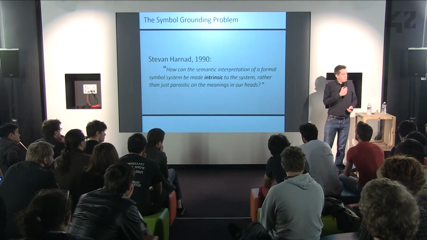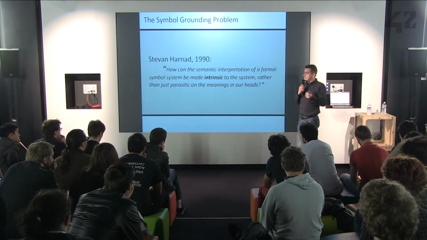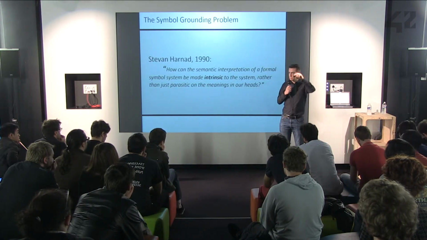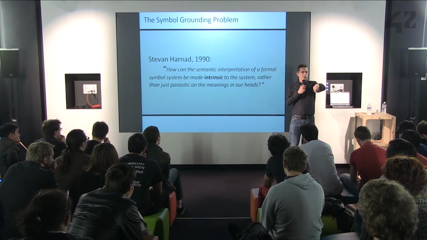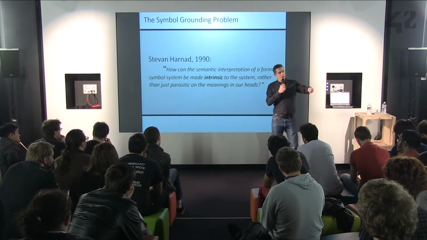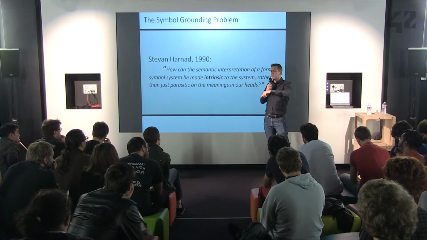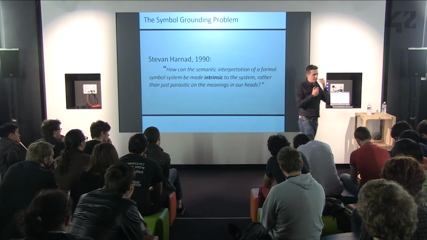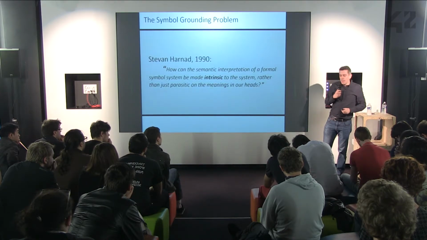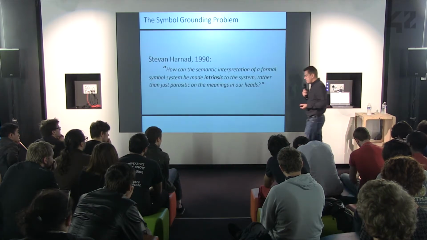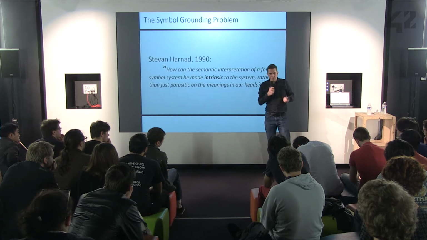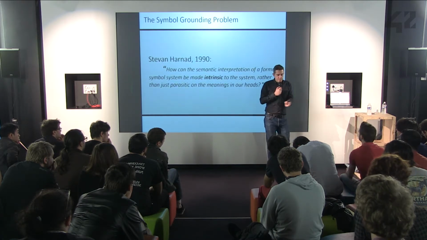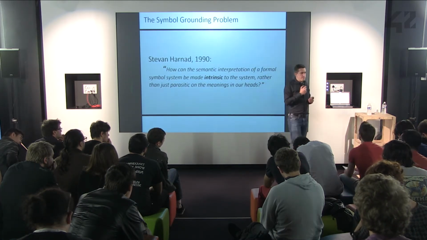Let's talk about symbols, for example. If you manipulate symbols and change them with some rules, like the father of your father is my grandfather, so if I know the names of those guys, I can deduce who is my grandfather, because I know my father. Well, this is meaningless, because the machine is just processing strings of letters that don't have any particular meaning.